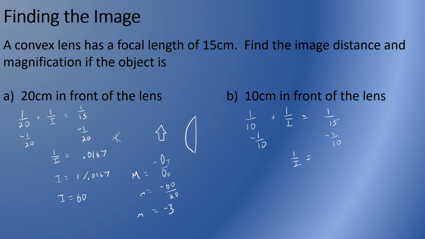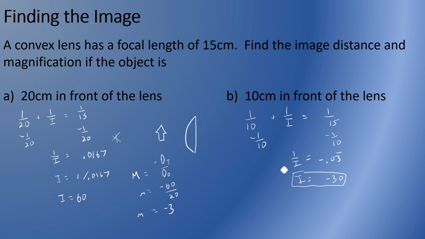That'll help, certainly. We get negative 1 over 30, which as a decimal is negative 0.03 repeated. So our image is going to be the reciprocal of that, and we get negative 30. Okay, so that would be our image distance.